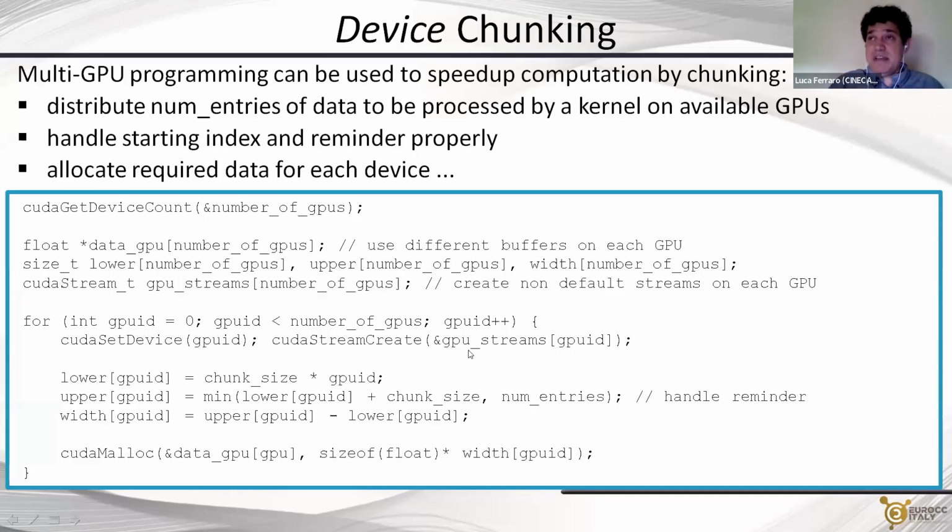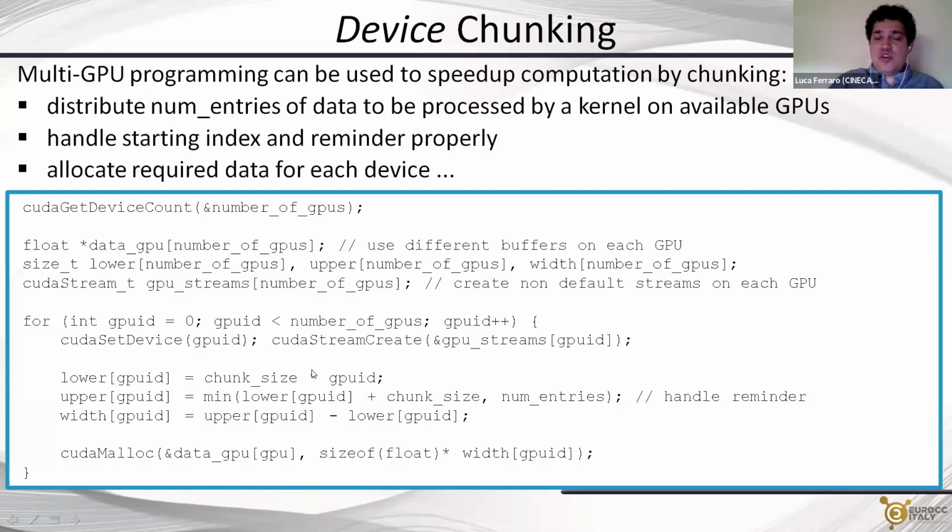This is an array of streams, so my index is for selecting a stream, and each stream will belong to a different device, because before I create a stream, I change the device here. So each device will create one stream. Device 0 will create GPU stream 0, device 1 will create GPU stream 1, and so on.